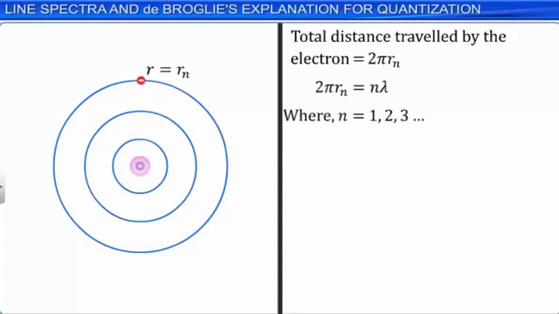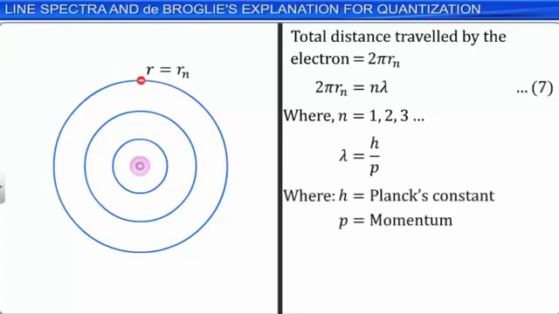Let this be equation 7. We know that de Broglie's wavelength corresponding to the motion of a particle having a momentum p is given by λ is equal to h by p. Here, h is the Planck's constant and p is its momentum.